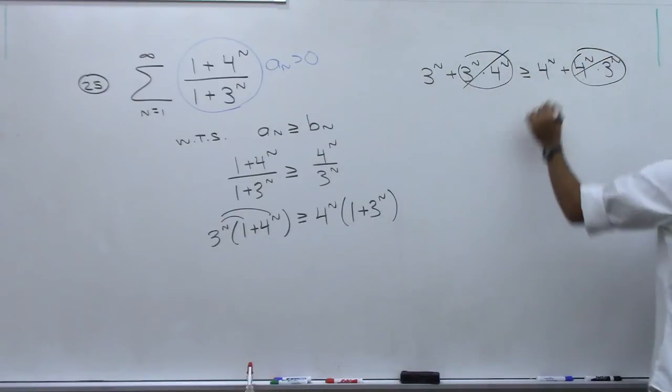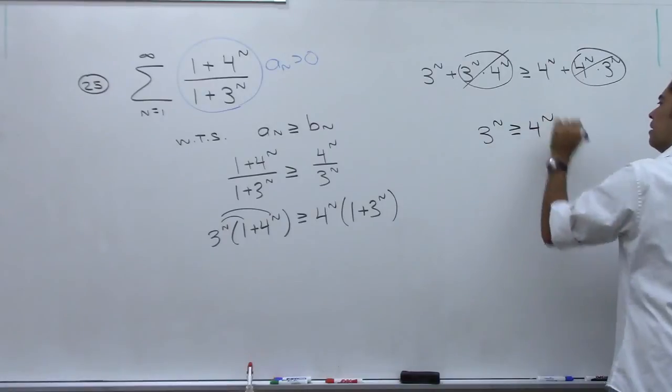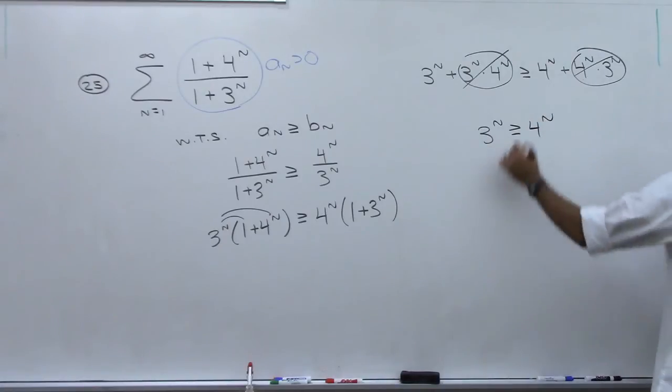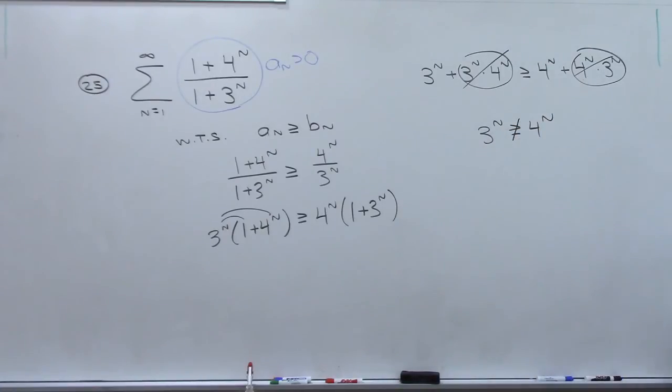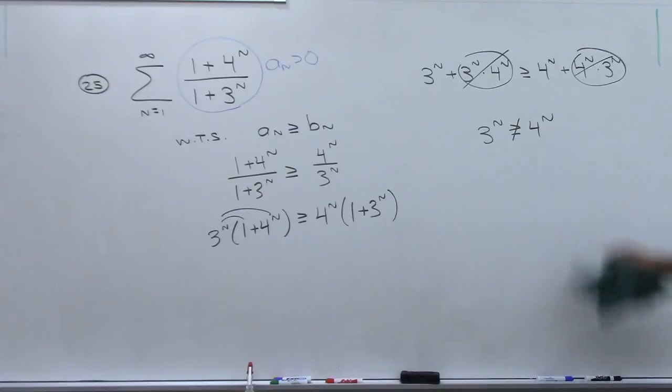These cancel. And then you get 3 to the n is greater than or equal to 4 to the n. And that is not true. 4 to the n is bigger than 3 to the n, as long as n is 1 or 2 or 3 or 4, which it is in this case. So that is not working, right? That's not working. So let me see if there's something else I can compare this to.